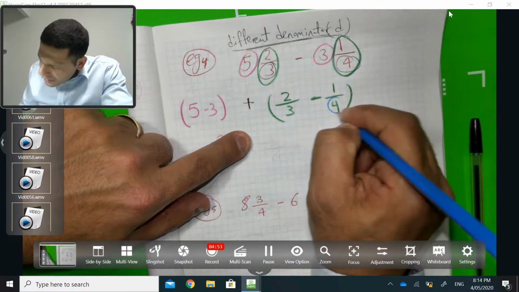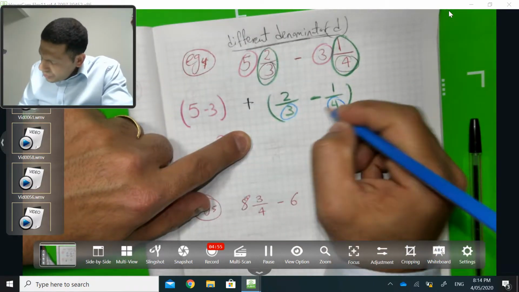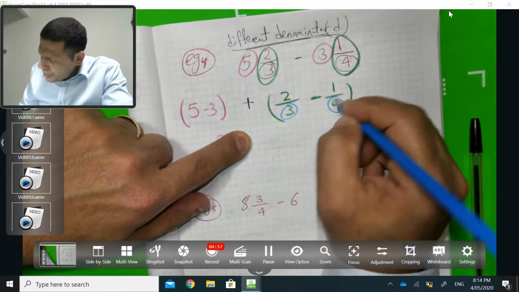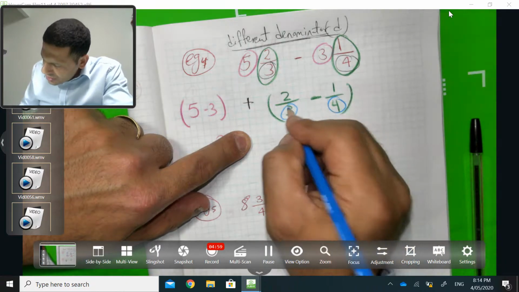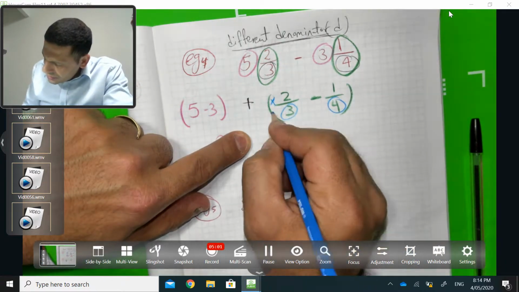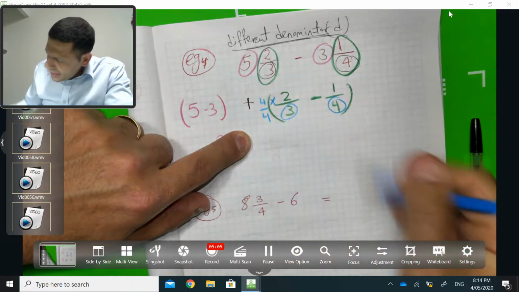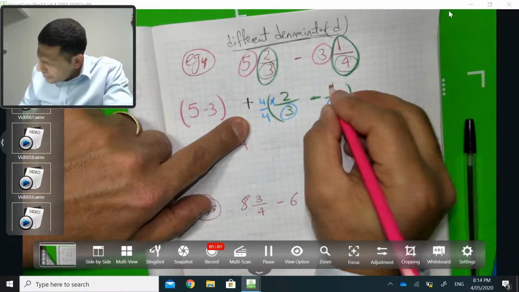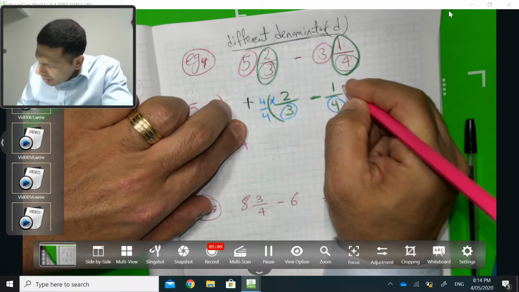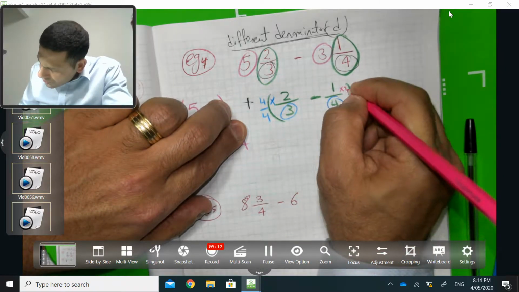You circle the bottom numbers. This fraction you multiply by 4 over 4, and this fraction, guys, you multiply by 3 over 3.